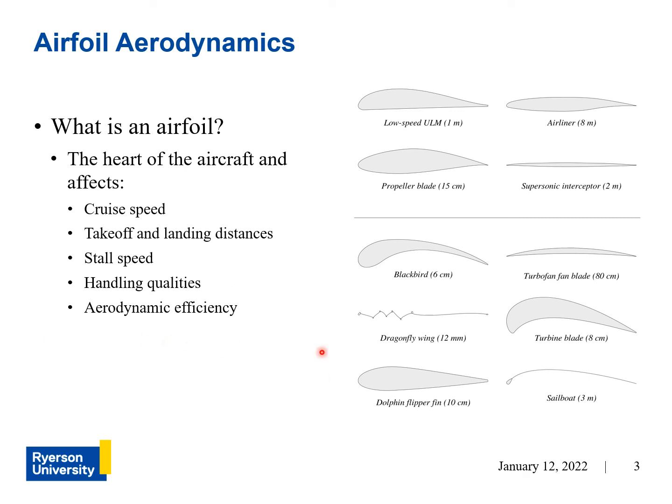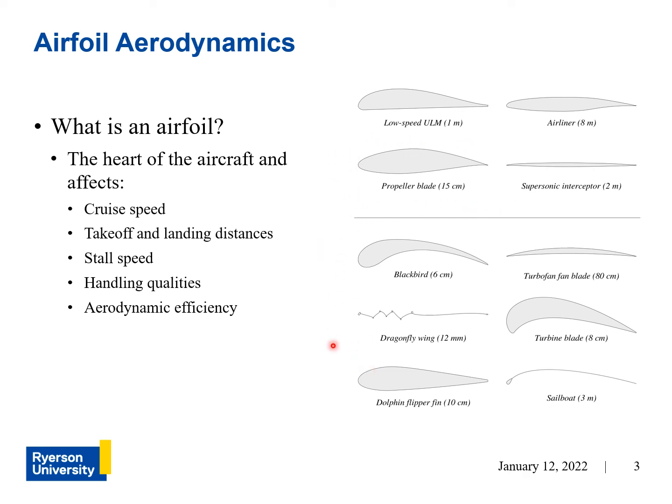And over here on the right we have some examples of airfoils, and they're basically just the cross section of a wing. So here you have some examples of typical airfoils for aircraft, as well as an airfoil for a propeller blade.